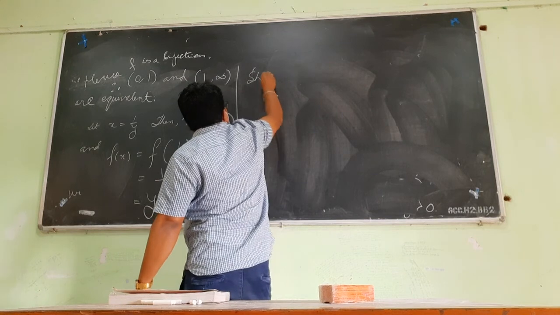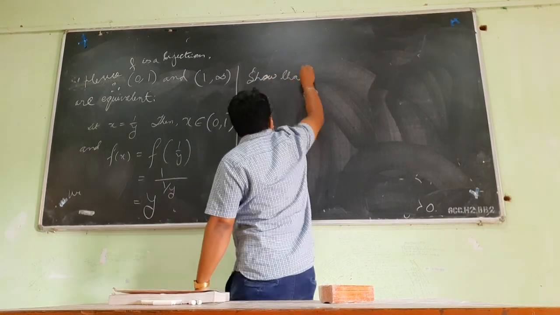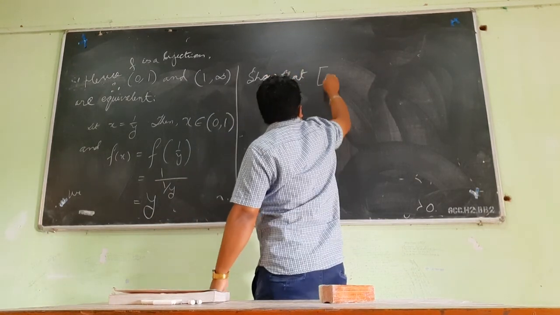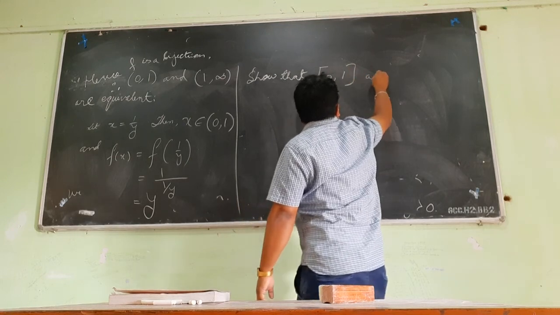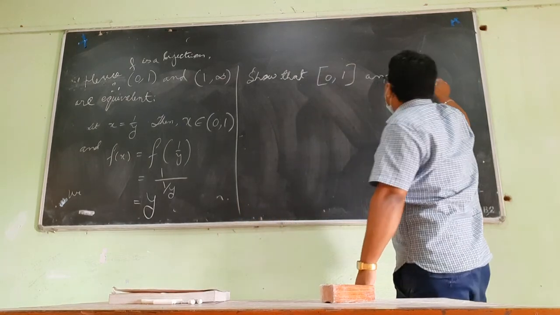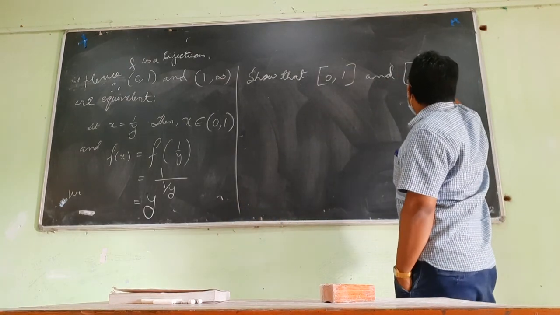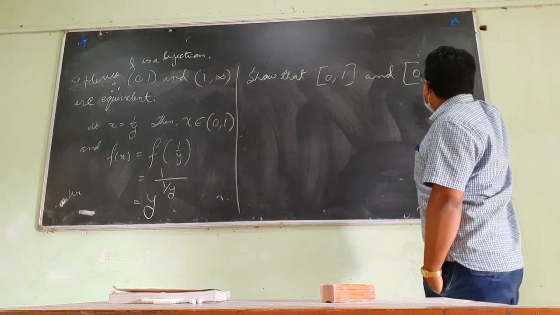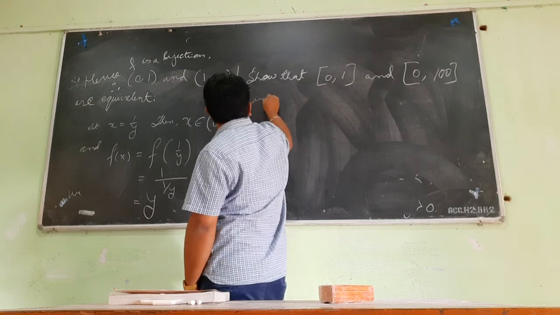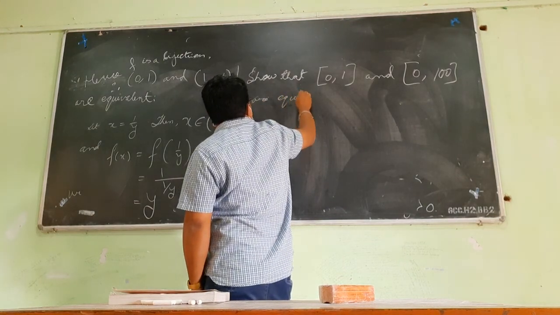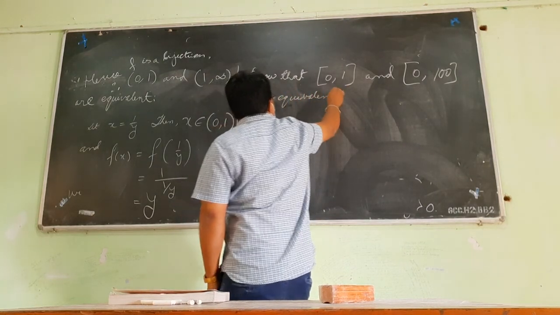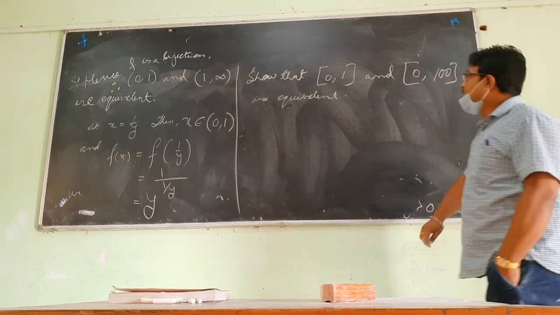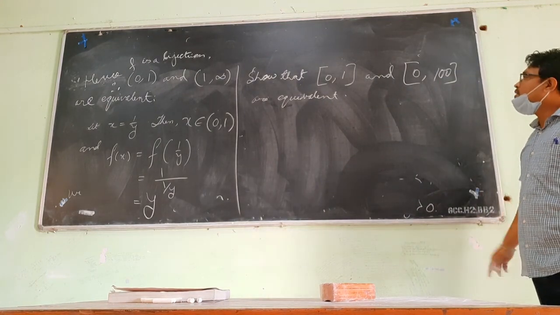Show that the closed interval [0,1] and the closed interval [0,100] are equivalent. The closed interval 0 to 1 and 0 to 100 are equivalent.